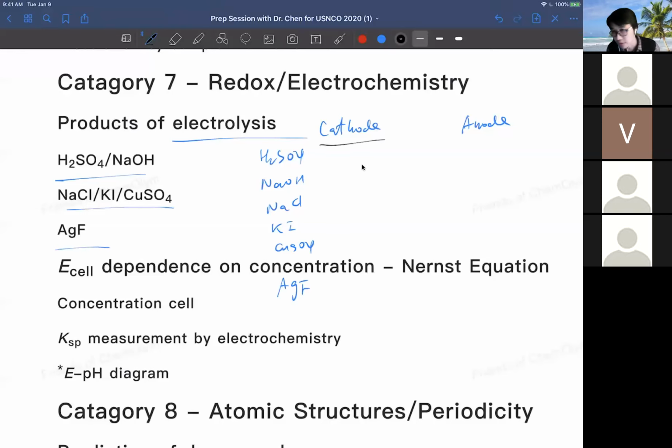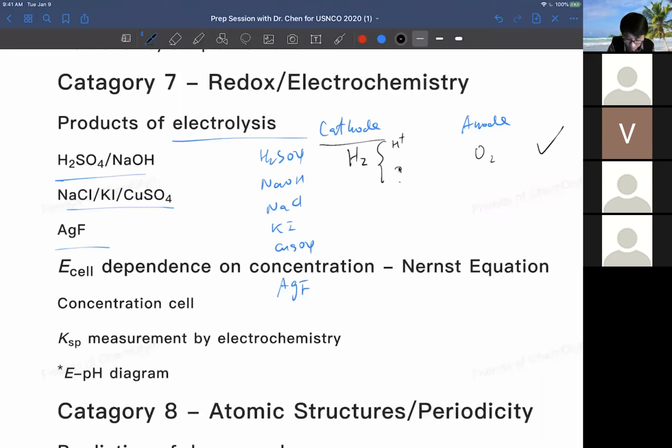Cathode is reduction, anode is oxidation, right? So you will have H2 here, O2 here. Do you agree with me for the first case? Because the competition at the cathode is between H plus and, well, that's the only candidate, there's no other stuff.